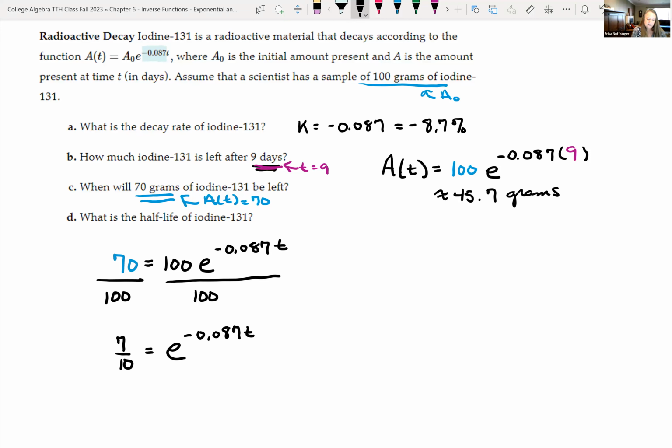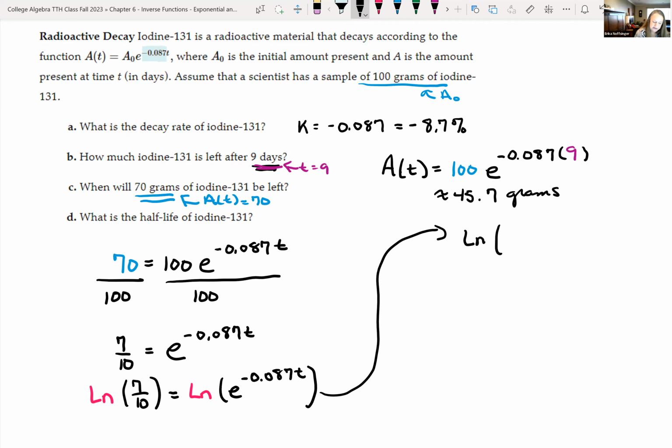We want to find t, so we want to take the log or natural log of both sides. Well, the natural log of e is always just its exponent, so let's take the natural log of both sides of our equation. So we have the natural log of 7/10 is equal to the natural log of e, which is just its exponent, negative 0.087t. So now we can get t by itself by dividing both sides by negative 0.087.